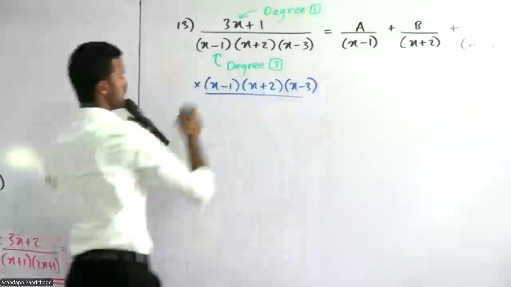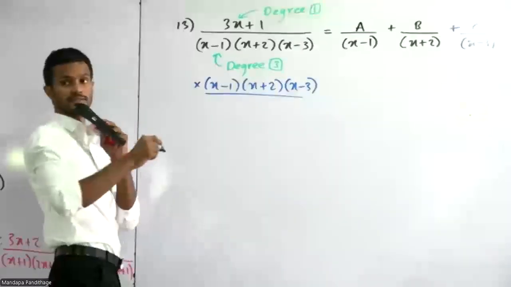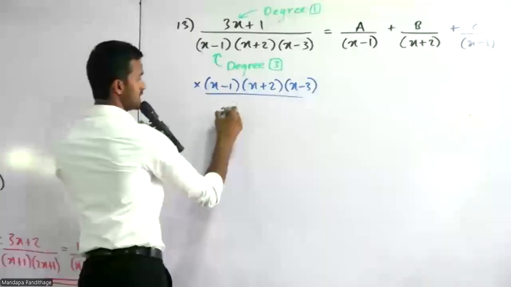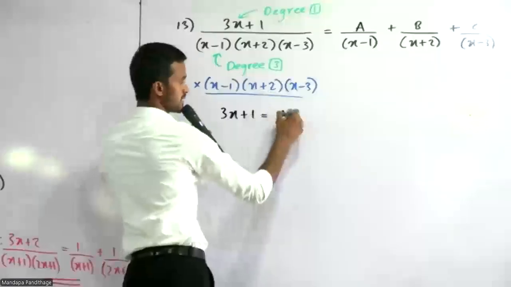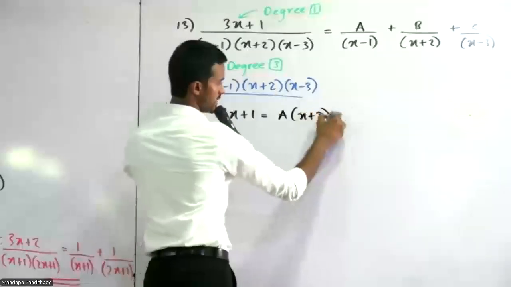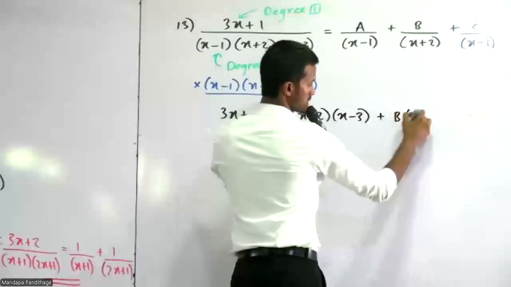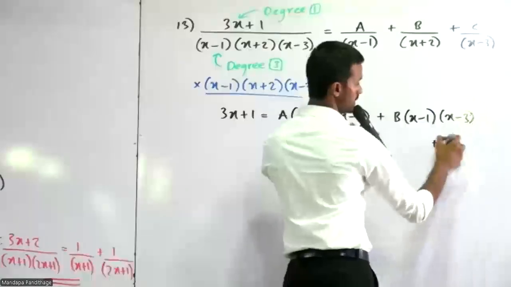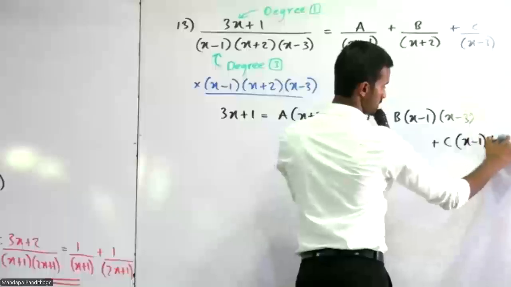So here the entire denominator will cancel off. What is remaining? 3x plus 1. Don't write this in. It's 3x plus 1. Here after x minus 1 cancels off, it's x plus 2 and x minus 3. X plus 2 cancels off, it's x minus 1 and x minus 3. And here x minus 3 cancels off, it's x minus 1 and x plus 2. Clear?